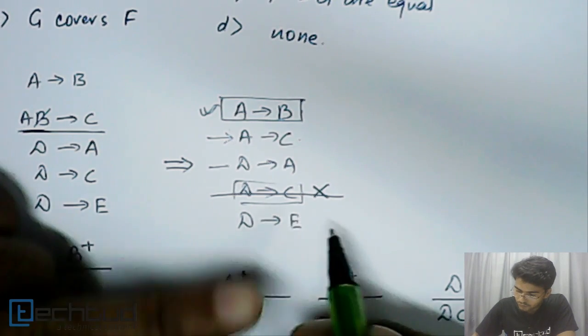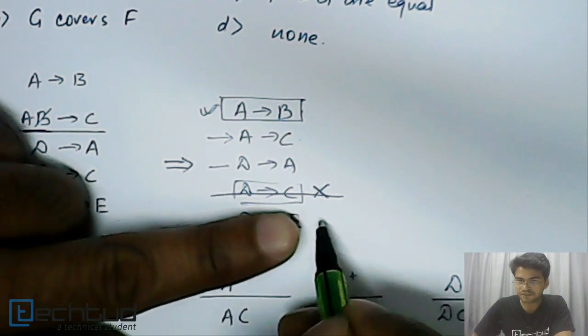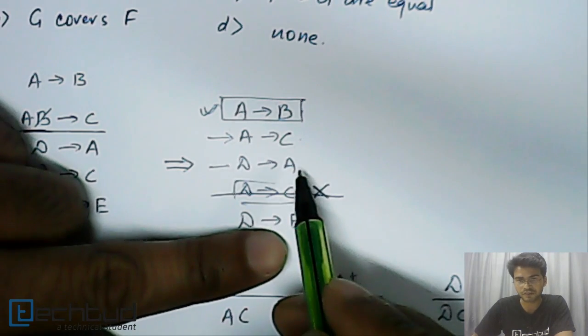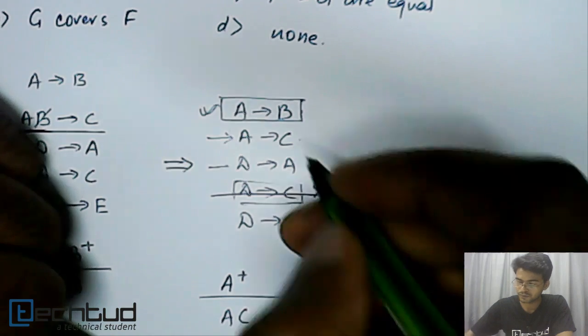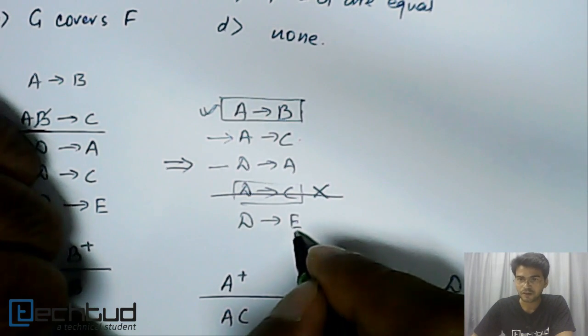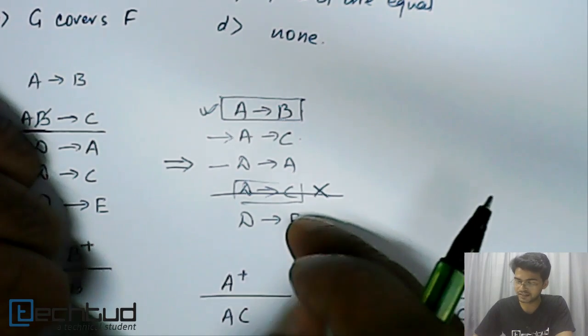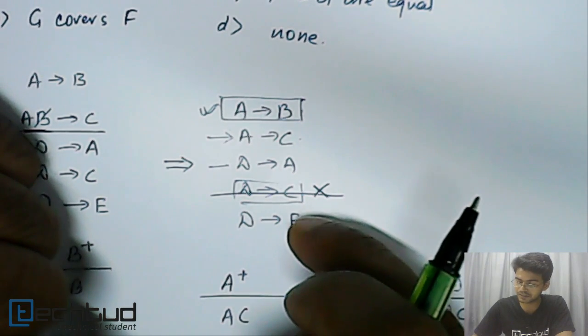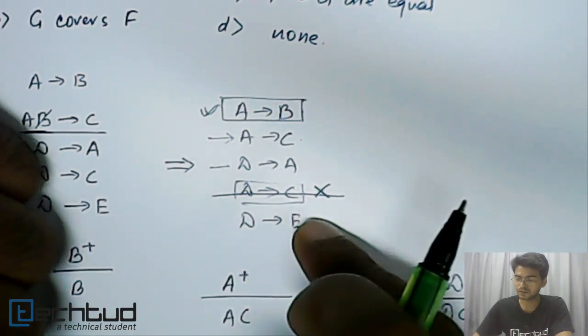So if we hide this, we can never determine E. So if you have a functional dependency where the right hand side attribute is only present in that functional dependency, then you need not go for a check. So this will always be there.